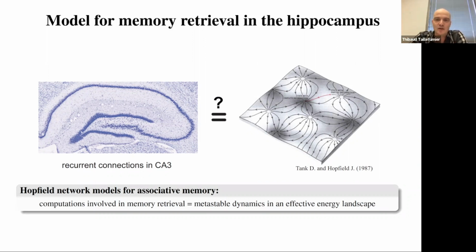Basically, when you are trying to retrieve memories, you can model it or think of it as a biased random walk in this complex energy landscape, where when you have a memory in your mind, you're hovering around a local minimum. And your experience or other external input may bias this walk and then transition you to another local minimum, another memory.